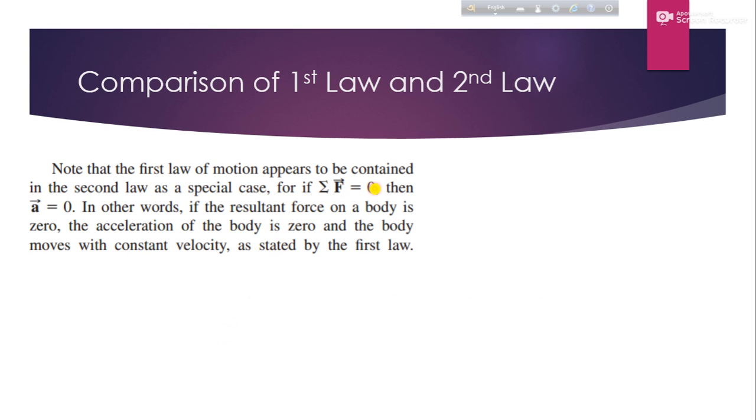For sigma F equal to 0, a is 0. What does it mean? That if there is no net force working on the body, then the acceleration is 0. And this is nothing but the first law of motion. Newton's first law states that if no net force is working on a body, then the body will continue its state of rest or motion in a straight line with constant velocity. So that means a is equal to 0. If sigma F equals 0, then a equals 0.